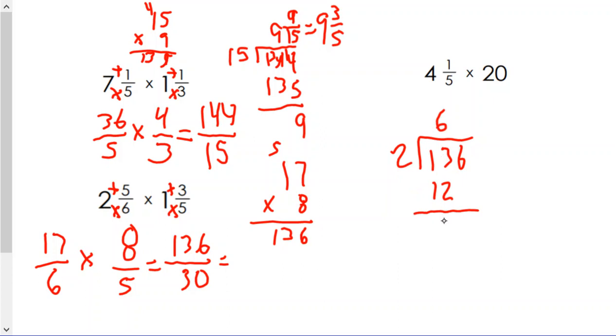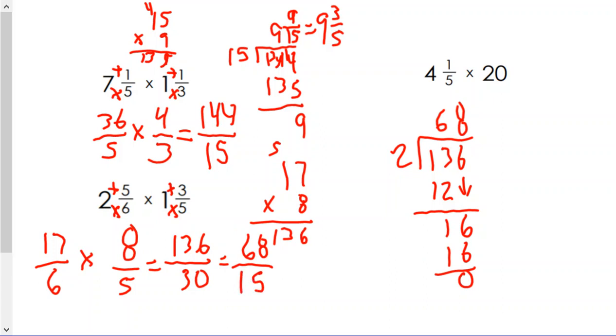So subtract here, we got 1, and we bring down that 6. 2 goes into 16 8 times, and that will give us 16. So 136 divided by 2 will give us 68, and then 30 divided by 2 is 15.